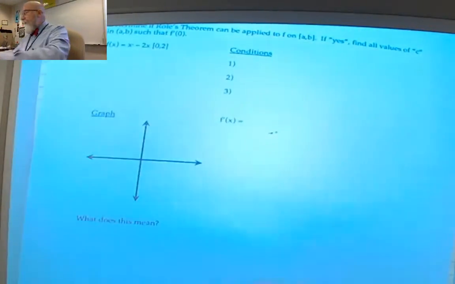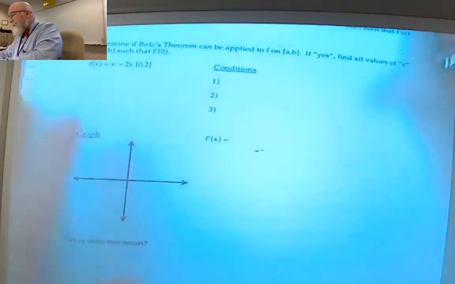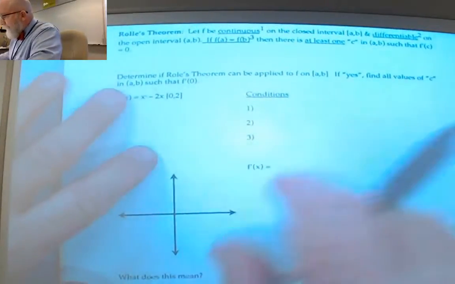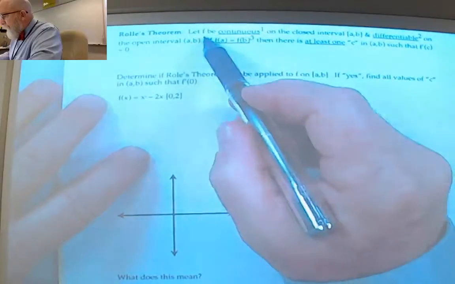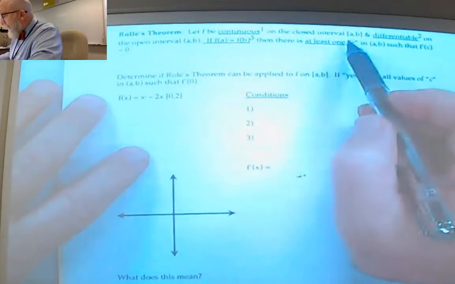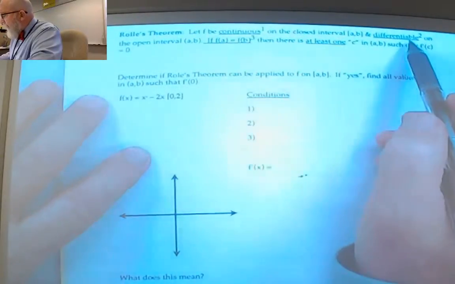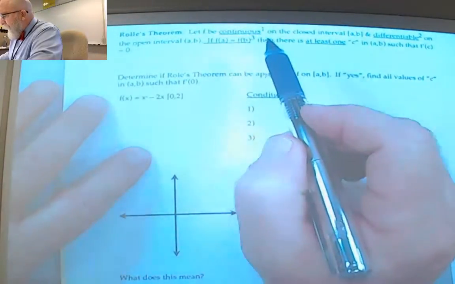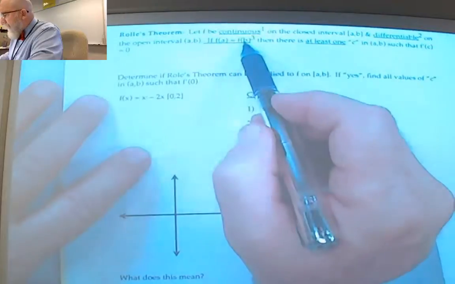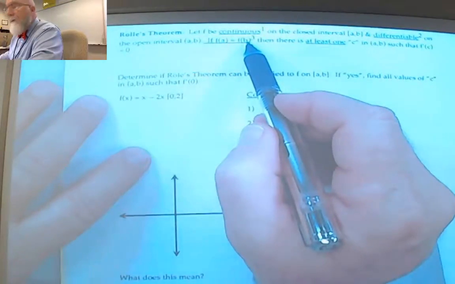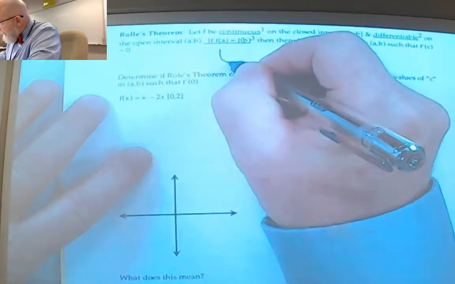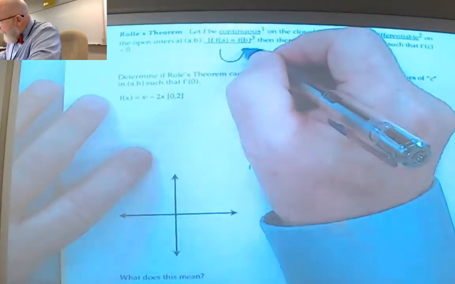Next page. Rolle's theorem is really just a special case of the mean value theorem. It says, let f be continuous on a closed interval and differentiable. So if it's differentiable, you know automatically it's continuous. If f of a equals f of b. So that was this problem. Remember I had a parabola?